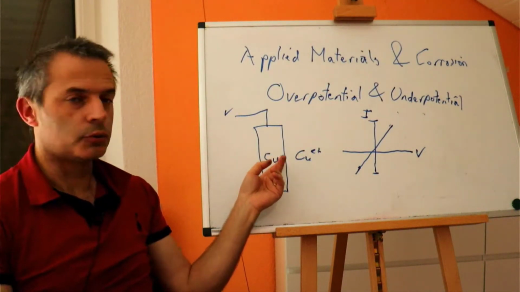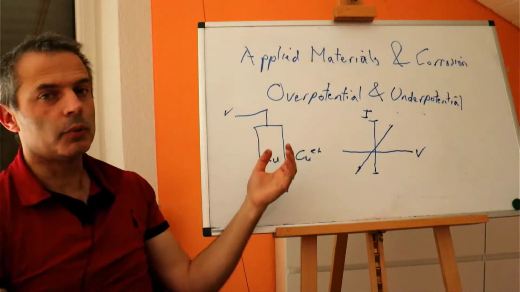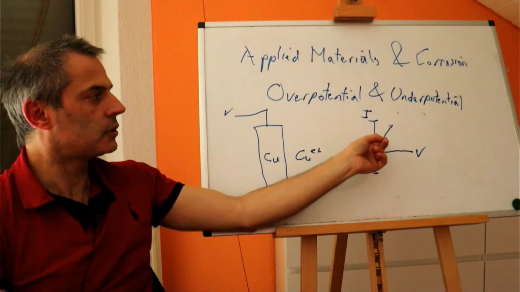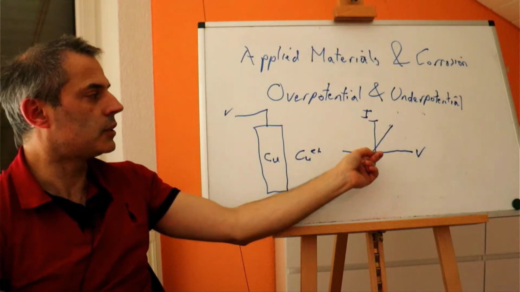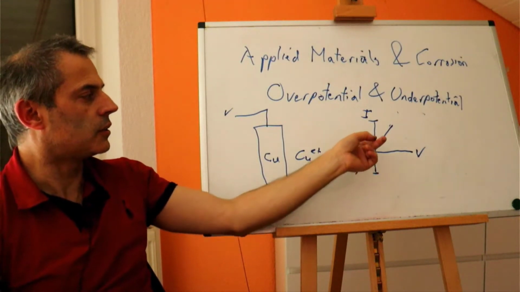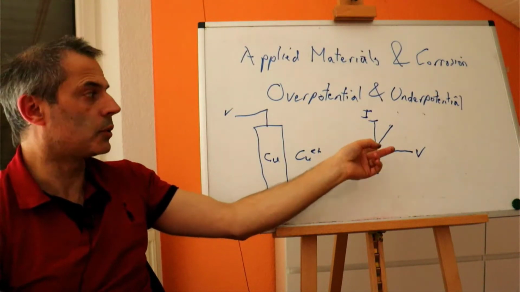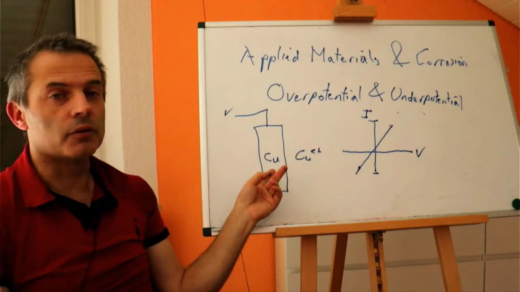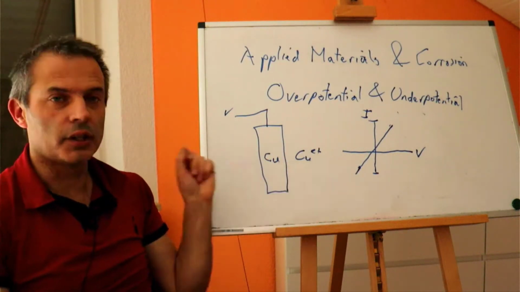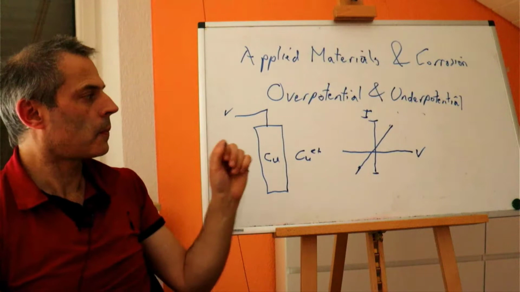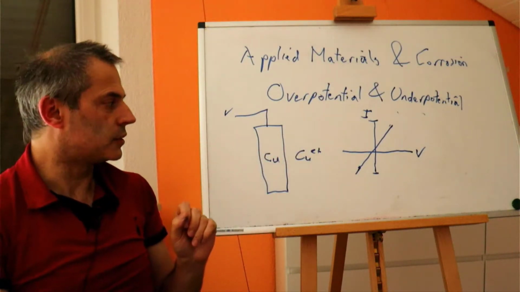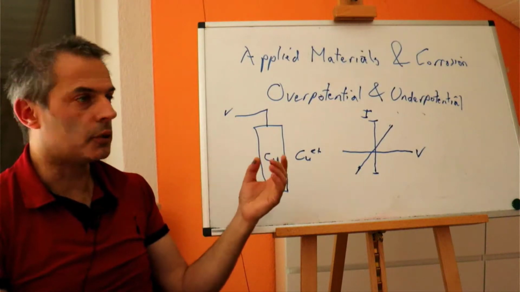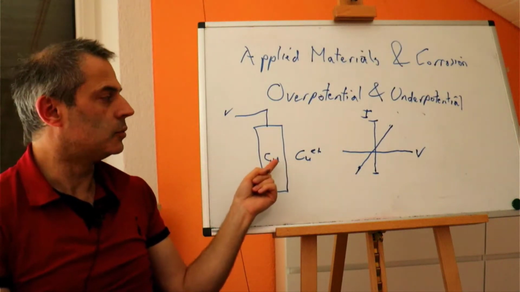They can switch out the whole time, and that means that if we increase the voltage in one direction, the current increases, and if we increase it a little bit in the other direction, the current decreases, and it goes through some kind of zero, not necessarily at zero voltage, but at the zero of voltage for copper 2+ in those conditions. That is fairly understandable. But what if we make it difficult for the element or the ion to be discharged?